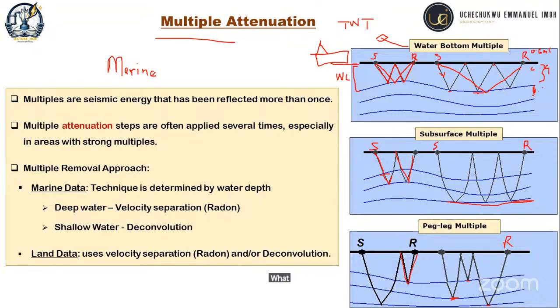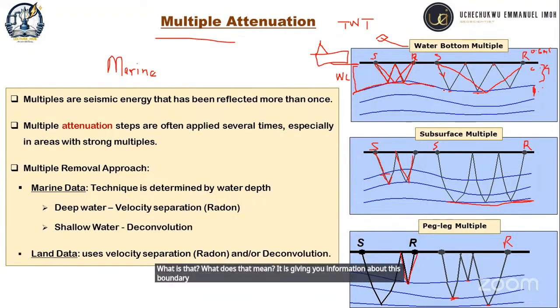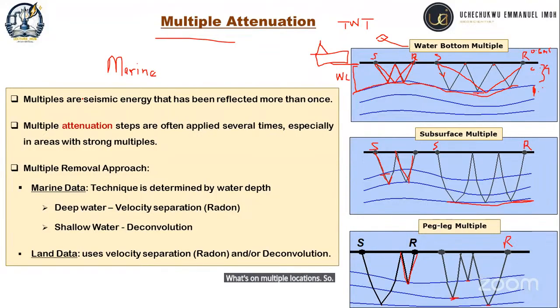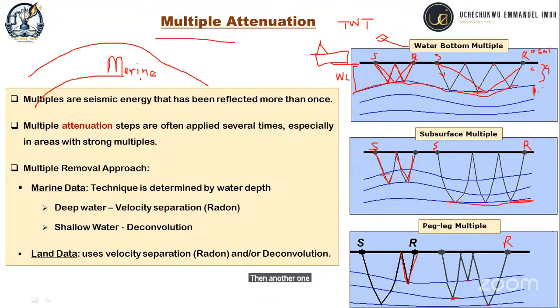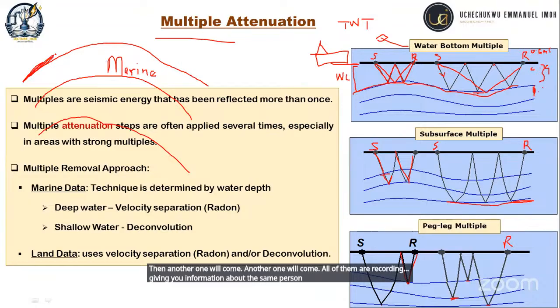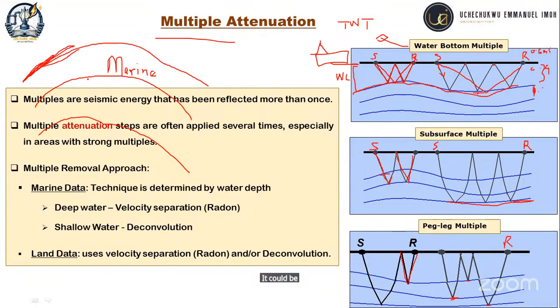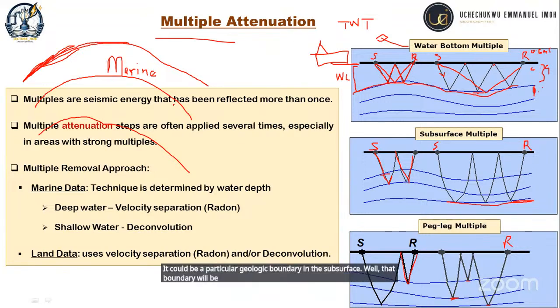What does that mean? It is giving you information about this water bottom, but on multiple locations. On your seismic data, you have the hyperbolic shape, which is the original ocean water bottom. Then another one will come, and another one will come. All of them are giving you information about this same boundary. It could be a particular geologic boundary in the subsurface, but that boundary will be recorded multiple times because the wave keeps traveling multiple times.